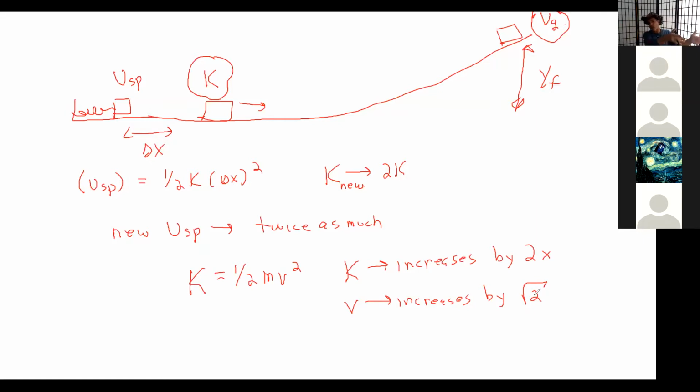When the spring is no longer compressed or stretched, it's going to give the mass twice as much kinetic energy as before, which means the final potential energy at the highest point will be twice what it was before. But 2 times the kinetic energy actually means the square root of 2 times as much speed.